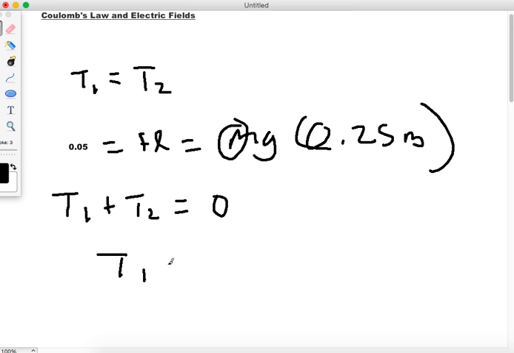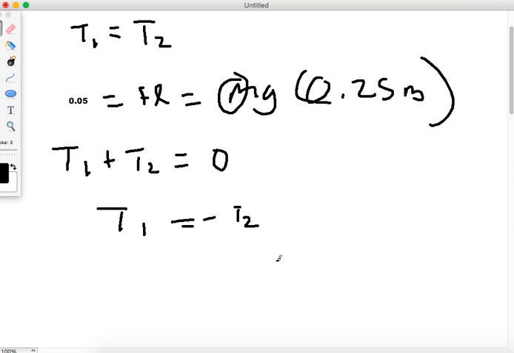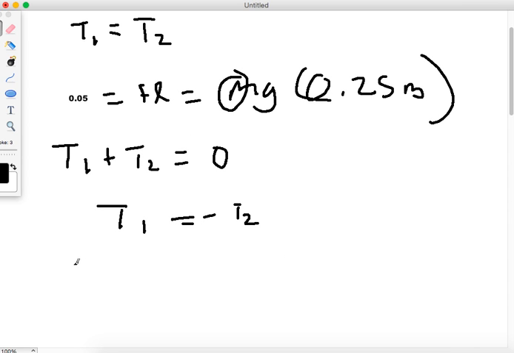So torque 1 is equal to minus torque 2. Let's put the minus on this side: minus torque 1, which is force times length.